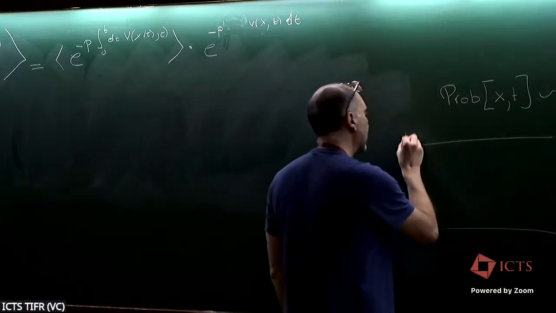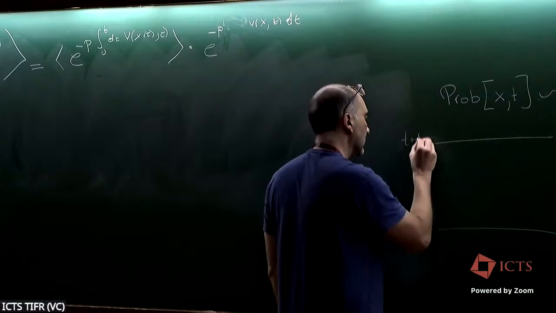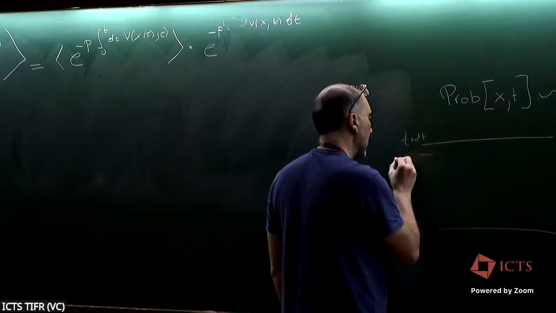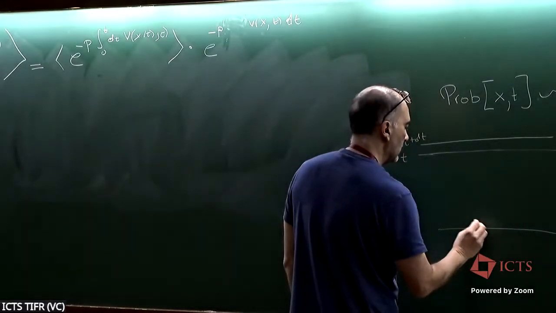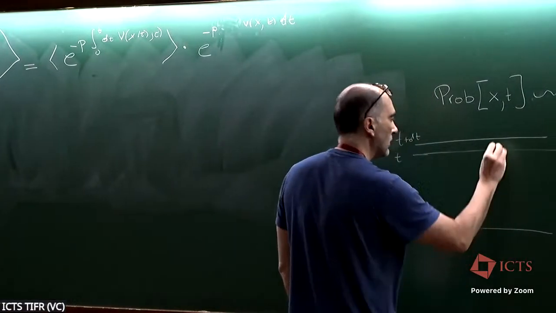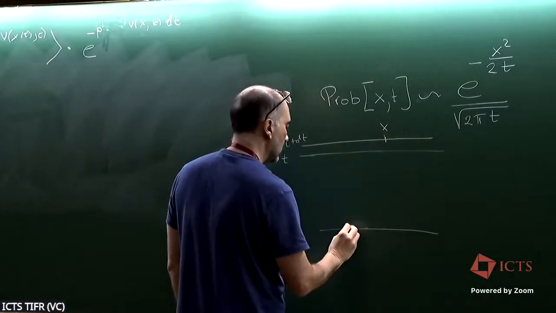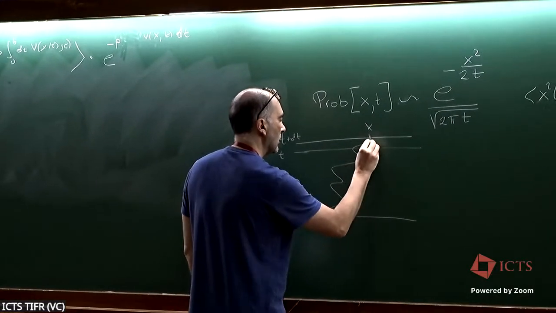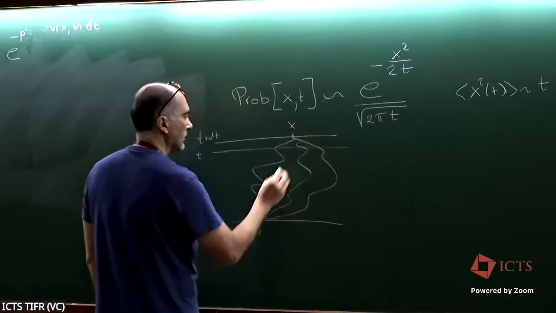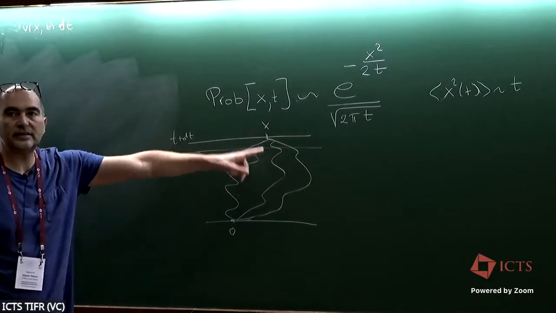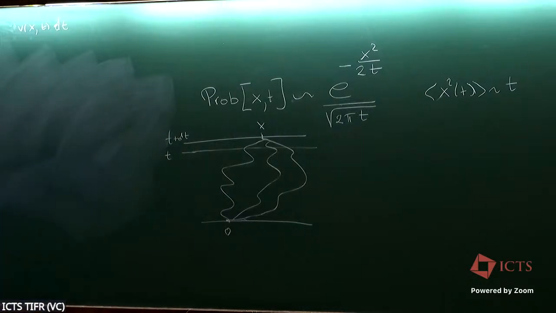So I am at time t plus dt. This is the time t. Let's say that I start from 0 and I end up in x. And so I'm considering all the paths that at time t plus dt arrive exactly at x.